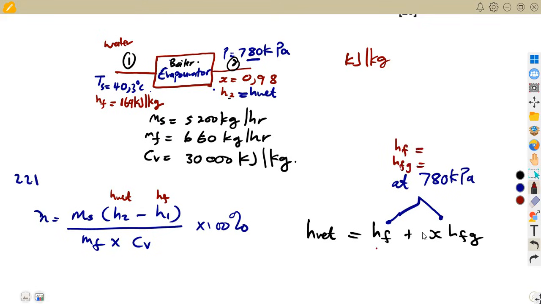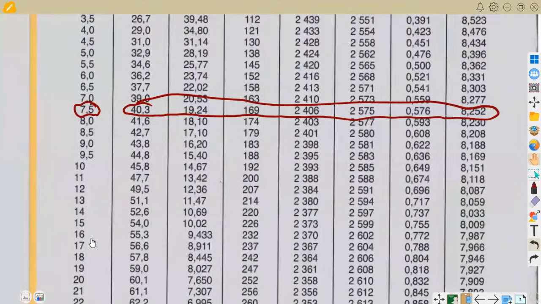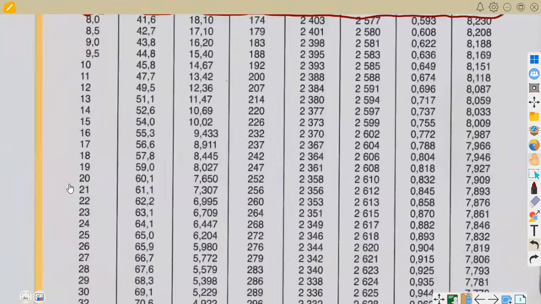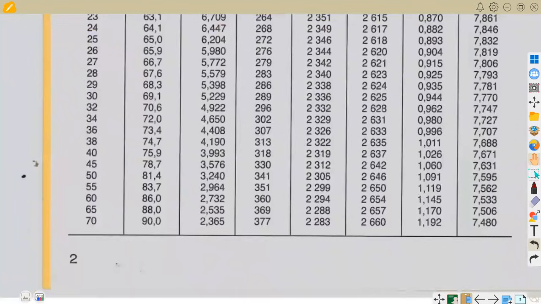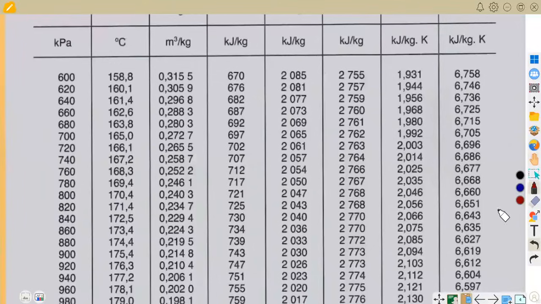We need pressure this time, so we're going to consider pressure at 780. As you can see here, under pressure 780, we are still below 780. So let's move on to the other page. If we check on this page here, that is where we're going to obtain 780 under the pressure in kilopascal.